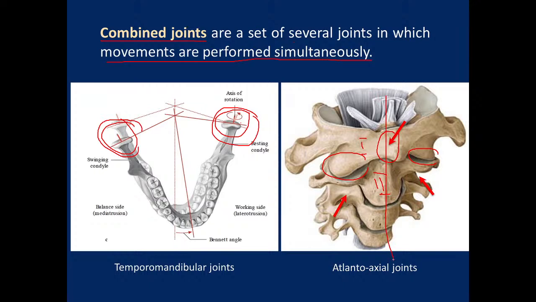The movement is around a vertical axis, and we could rotate our head left and right, but all of these three joints move together. They have combined movement. So this is also an example of combined joints.